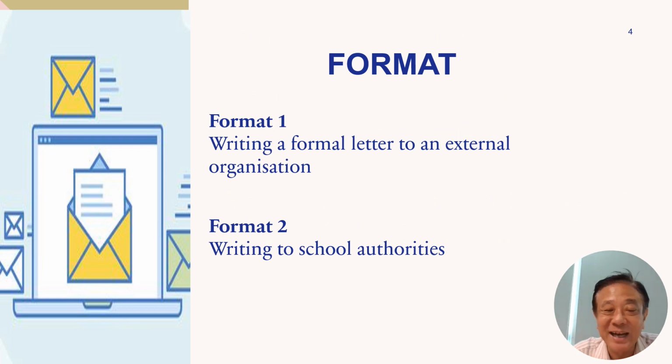Now, for this lesson, we're going to look at two types of format when one is writing formal letters to an external organization or within the organization. So external and internal. For format one, you need to follow the format for writing to an audience which is external, meaning an external organization.